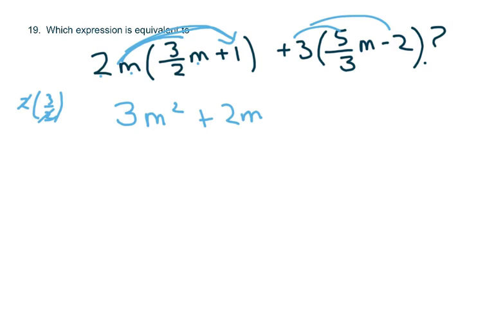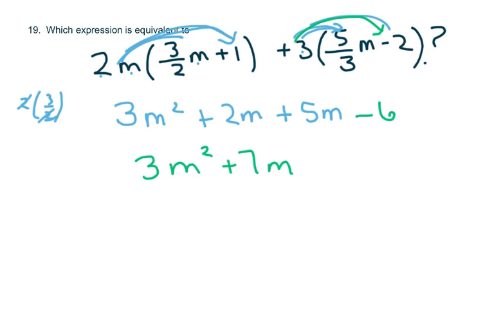Same thing here, the 3's cancel when you do this part, so you get 5m. And then 3 times negative 2 is negative 6. And clean this up. And so our answer would be C.